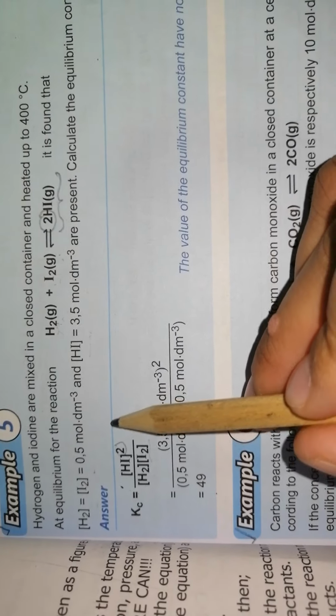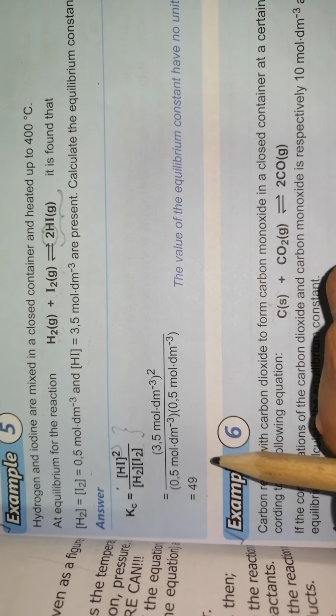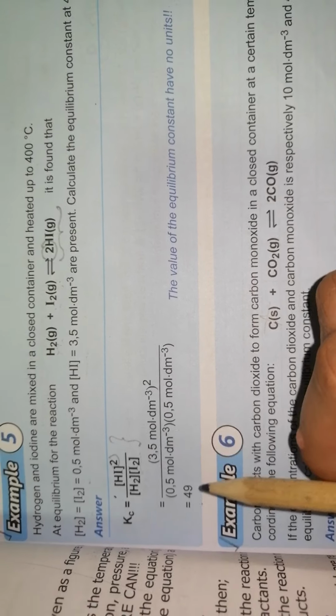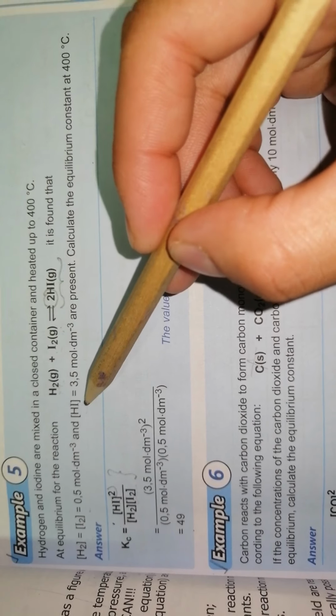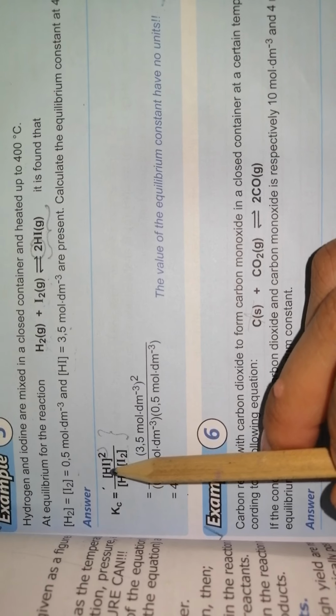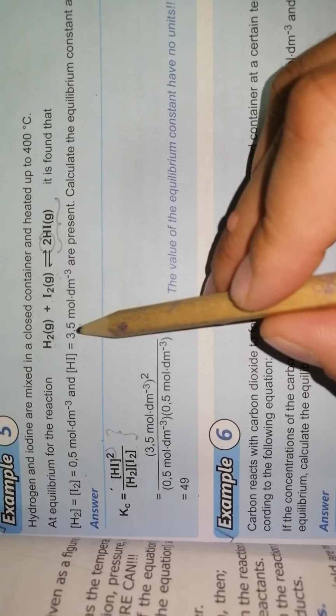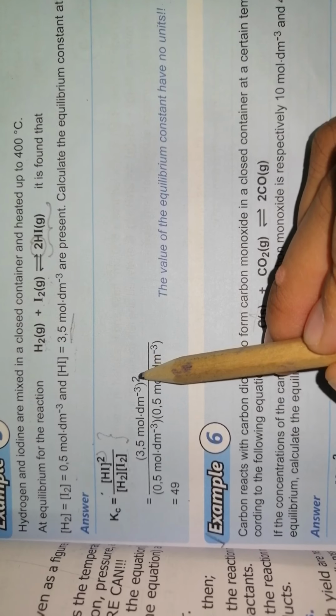Right, so now that you have the Kc expression, we can actually substitute the actual numbers or values of concentration to get the value of Kc. Now they told us that HI's concentration is 3.5. So we are just going to now substitute like a normal equation. So we have here HI squared. So we're going to take whatever the concentration of HI is, which is 3.5, and we're going to square it.